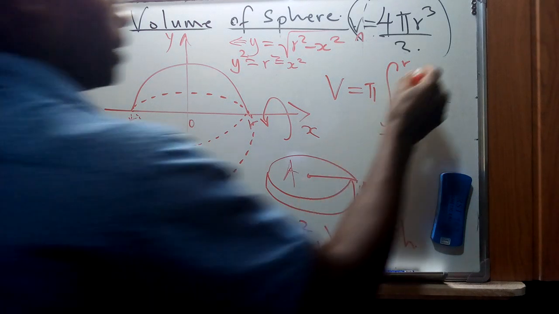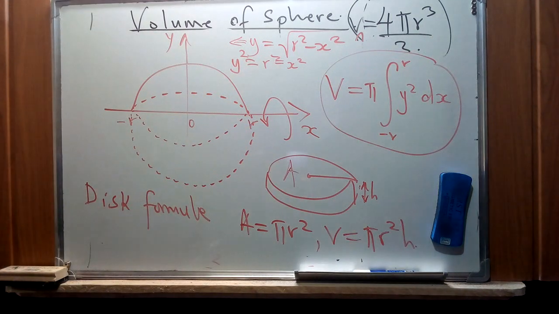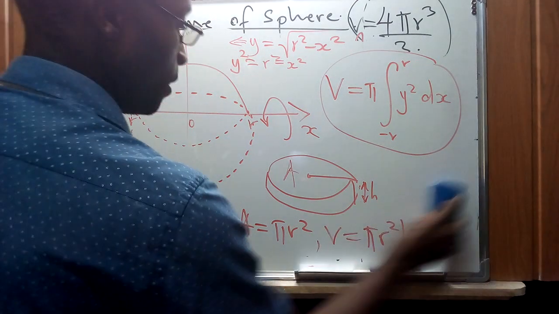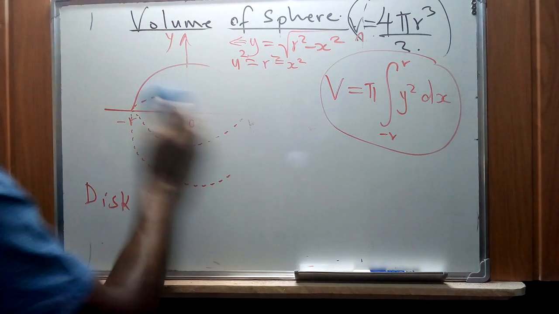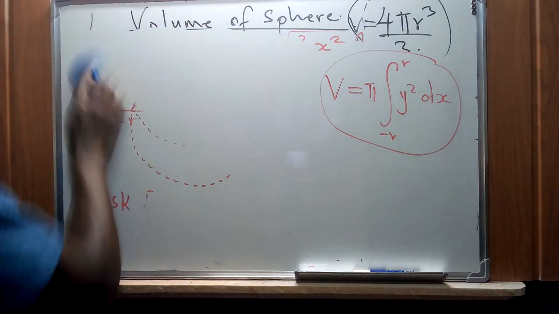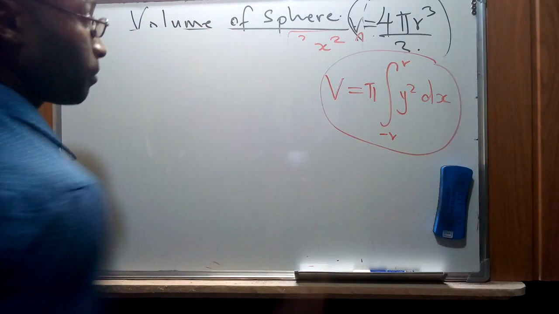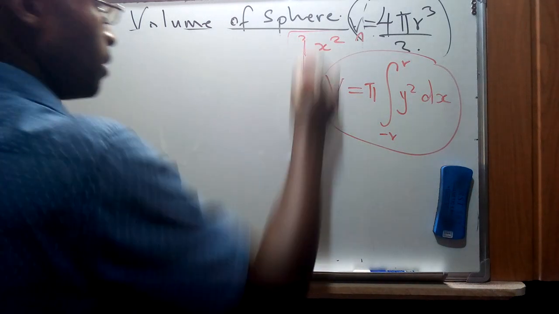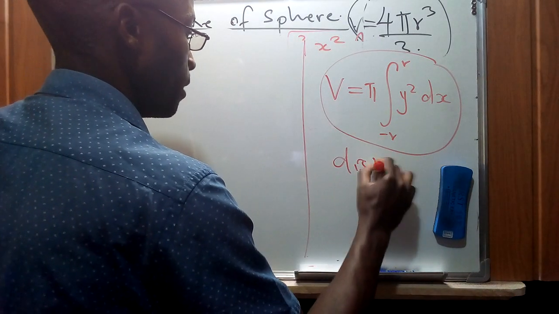So this is basically what we call the disk formula, and we're going to see that it leads us to the general formula for finding the volume of a sphere.